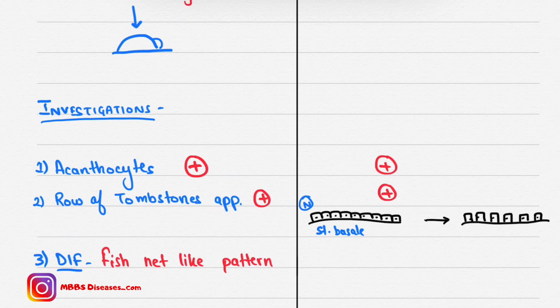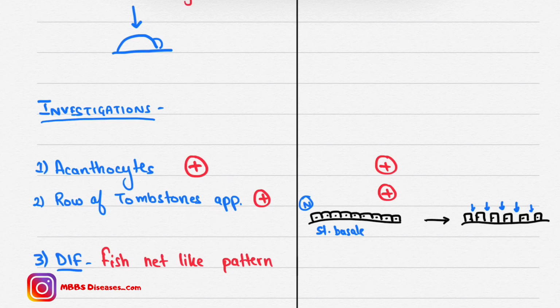Now what happens at the time of bulla formation due to the split of the skin? These cells are separated from each other because of the presence of fluid in the skin. So these resemble a tombstone.